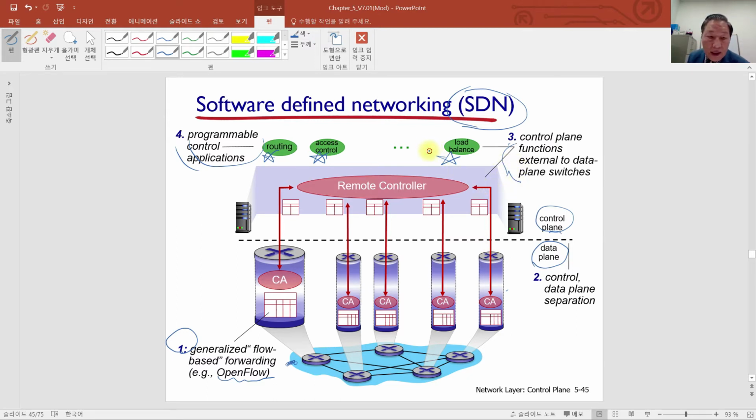There may be many network control applications like that, and they are programmable control applications. They can be independently developed and can evolve independently, and the market will also grow independently. Many third-party vendor companies can provide their solutions in the market.